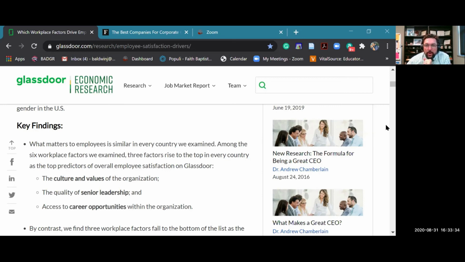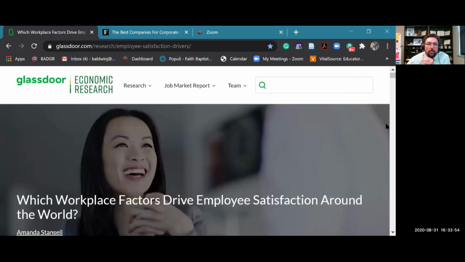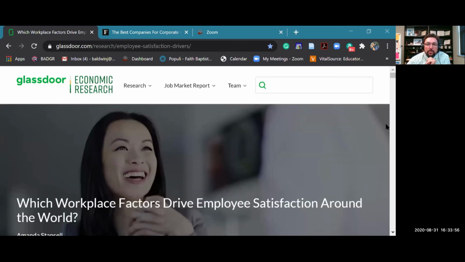It doesn't matter where you live, in the countries they examined, which were European countries and America. Culture and values of the organization, quality of senior leadership, and access to career opportunities within the organization are 3 things that kept rising to the top for people when they're looking for a company that they really want to work for, factors driving employee satisfaction.